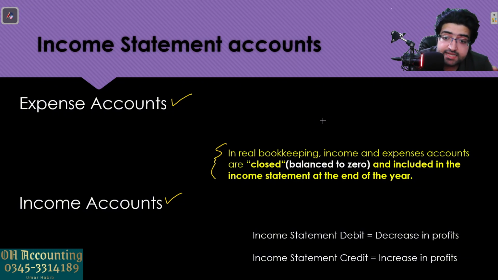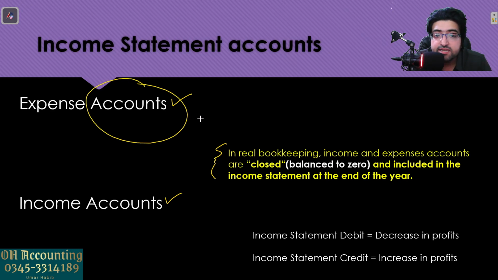And any income belonging to the current financial year should be recorded in the income statement belonging to that year, right? So when we have recorded the expense or income in the income statement, that account's work is done. We can close that account and bring the balance down to zero, because we have recorded that in the current year's income statement and we have calculated the profit or loss.